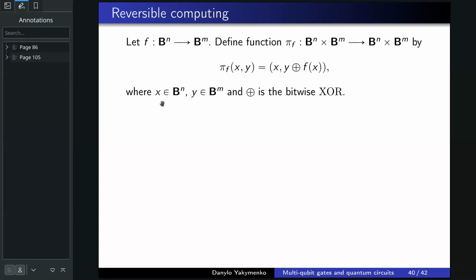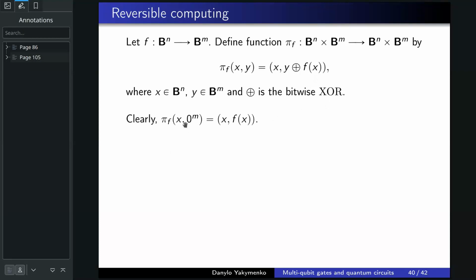Here x is the n-bit string, y is the m-bit string, and the action on x and y is the following. We take the bitwise XOR of y and f of x. XOR is just, you may think, the sum of bits modulo 2.